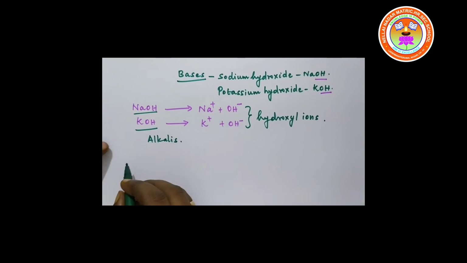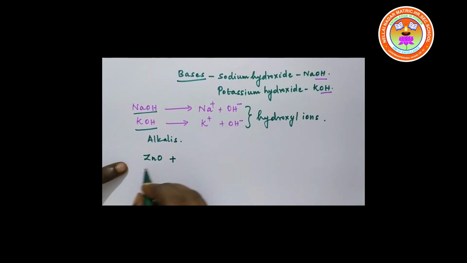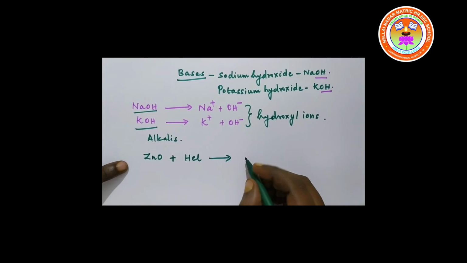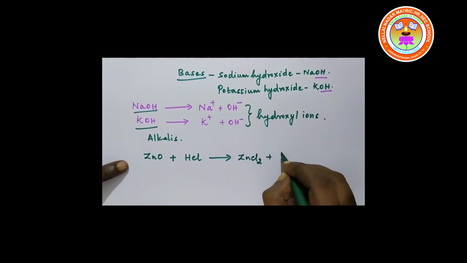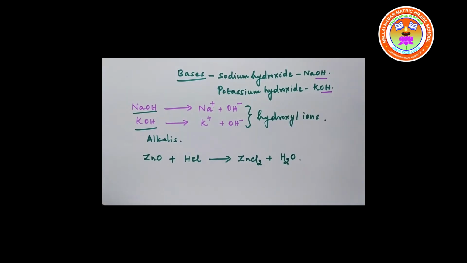Okay, children. We have another reaction, zinc oxide, that is a metallic oxide. When it reacts with an acid, it results in the formation of salt and water. Here, this metallic oxide acts like a base.